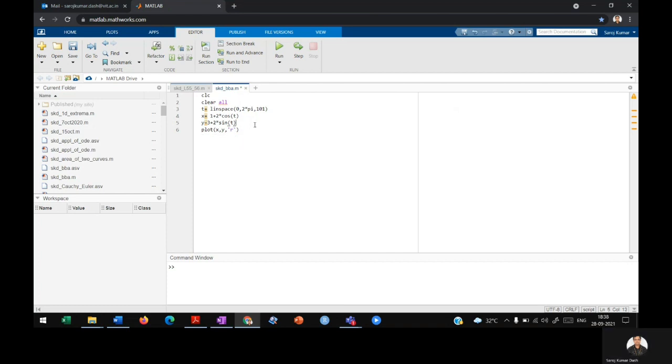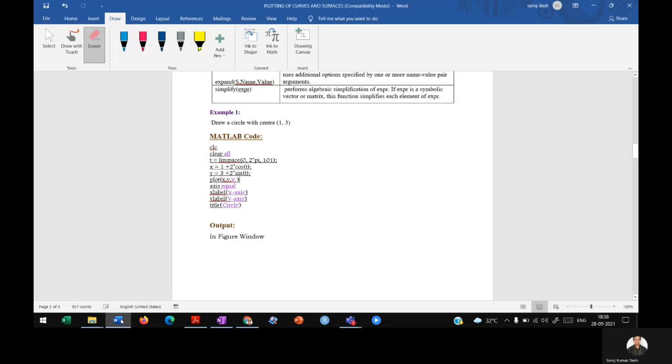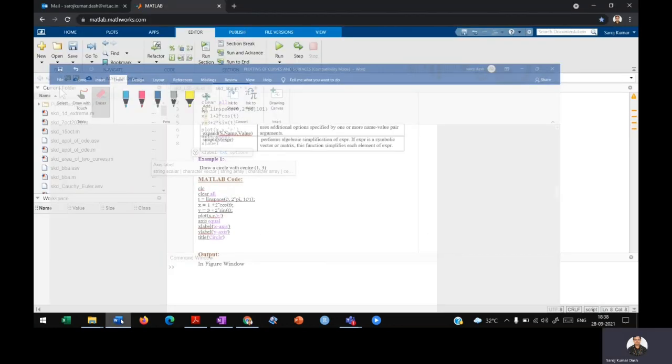Then axis equal, and then xlabel is x axis.